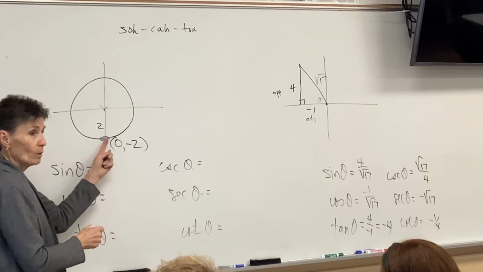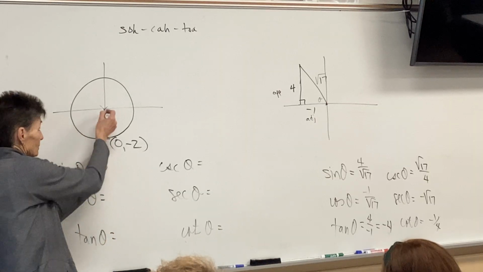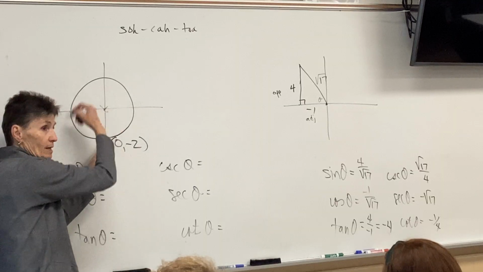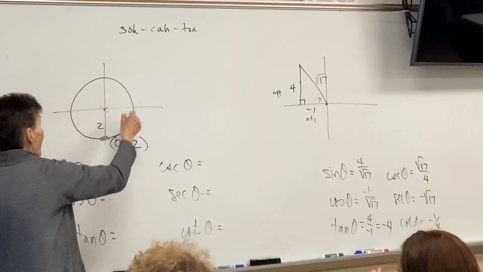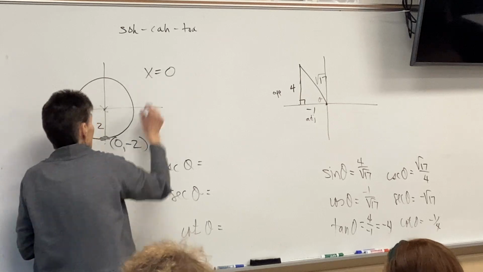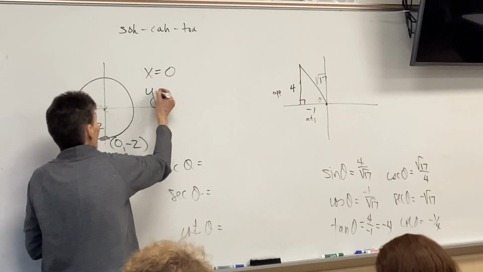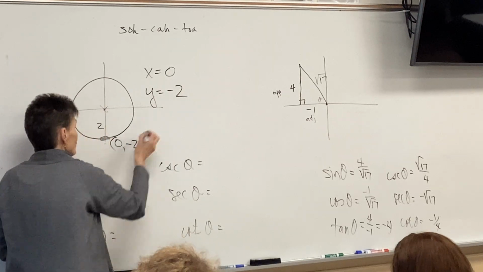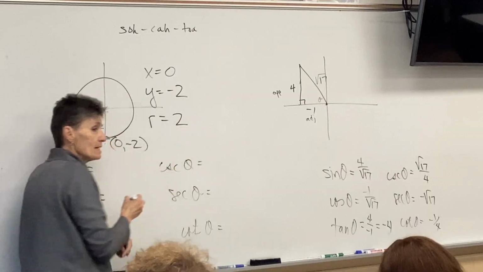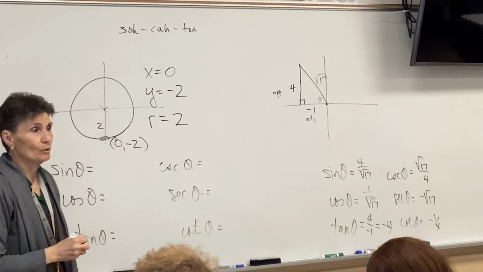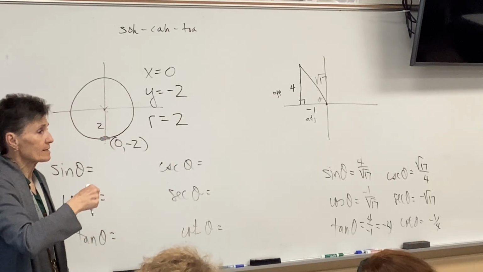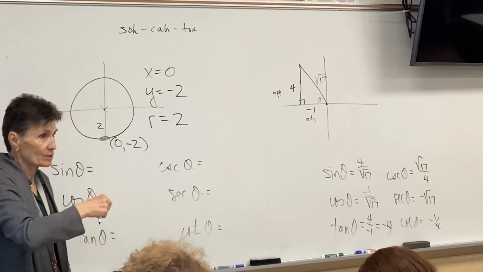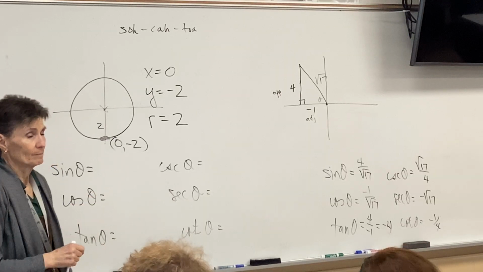Kids, I went through that point. Aren't I going 2 in all directions there? So I have an x coordinate of 0, a y coordinate of -2, and a radius of 2. The radius is like the hypotenuse, always positive.